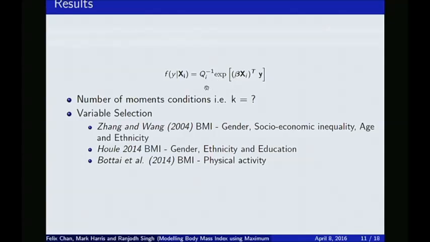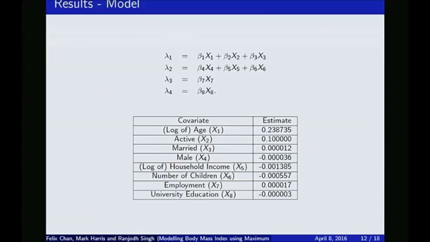So what we did is we went back to the literature and saw what people use, those names that you have seen before. So we obviously have gender, socioeconomic status, inequality, age, and ethnicity, and from some people, gender, ethnicity, and education. We cross-checked what the most common variables they use are, and we just threw them in. We estimated a few models, and this turns out to be the one that we're the most happy with.